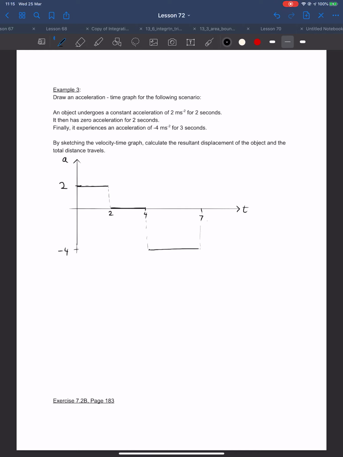By sketching the velocity time graph, well, that's acceleration time. So now we've got to do the velocity time graph as well.